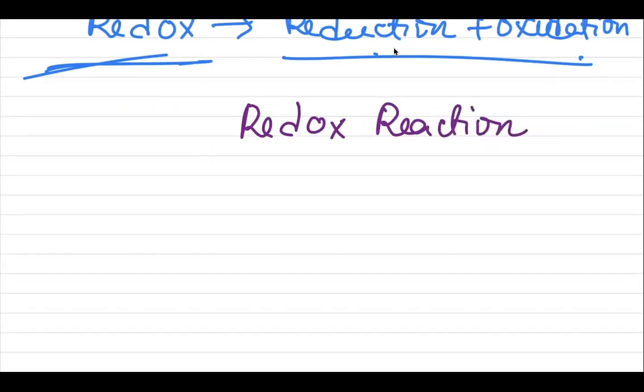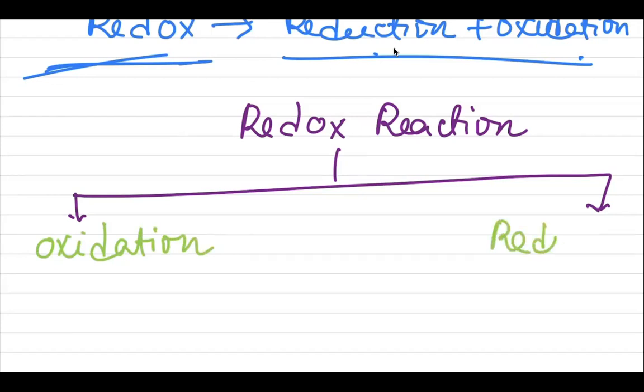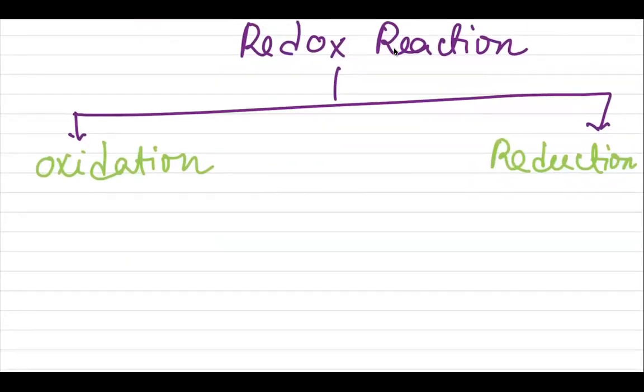Okay, redox reaction can be divided into two parts. One is oxidation and another is reduction. So what is an oxidation process? Oxidation we can say is loss of electron.